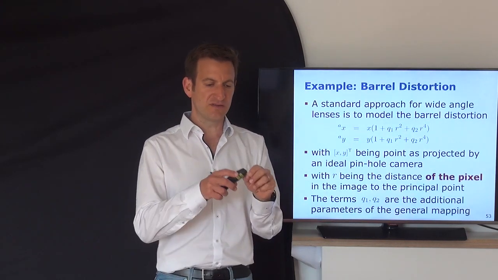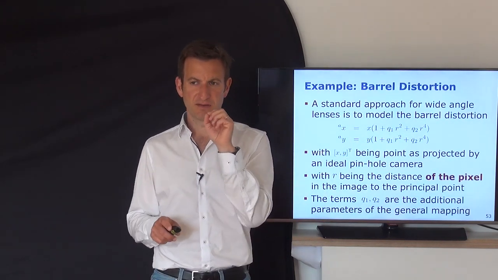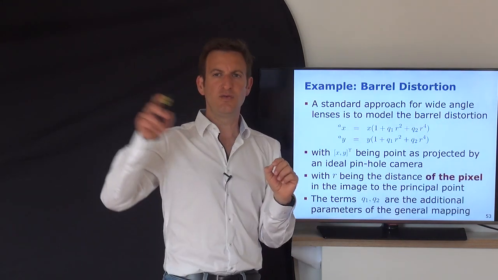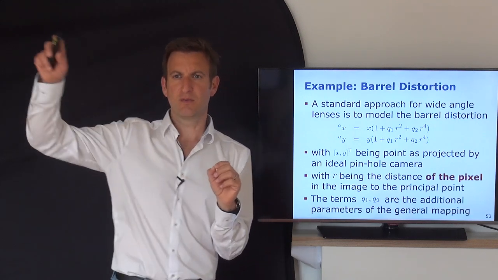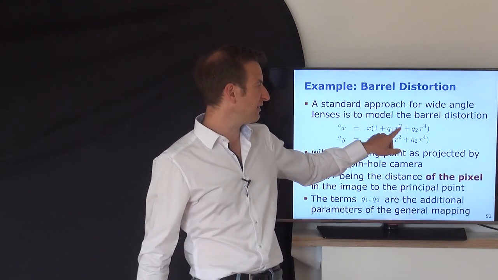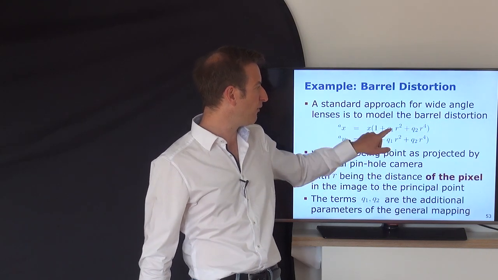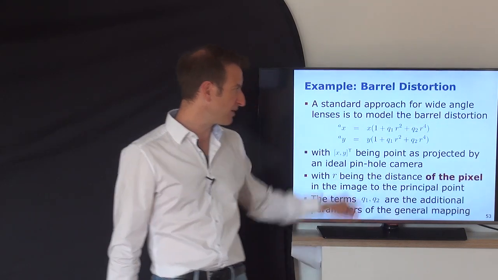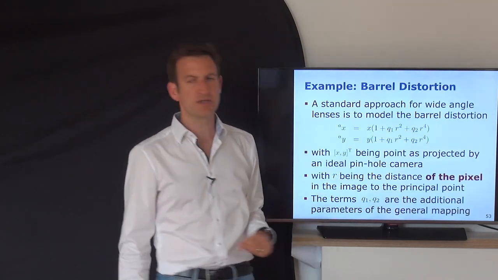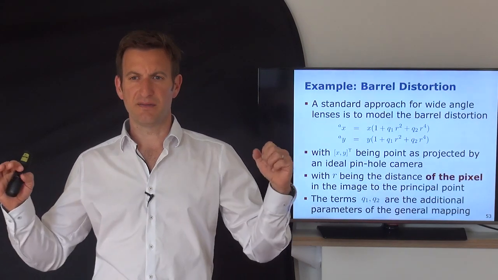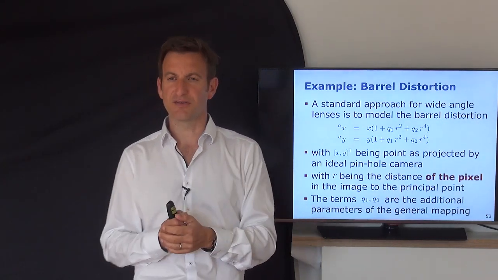The radius is the distance from the center of my image plane, so my principal point, to the pixel coordinate. So the further you're away, the larger this r gets. And then I have a quadratic term and a term r to the power of 4 with different coefficients. I basically need to estimate those coefficients q1 and q2 in order to estimate the strength of this barrel distortion.